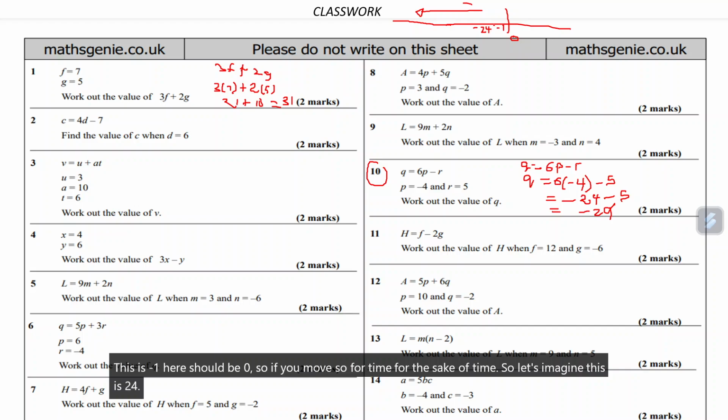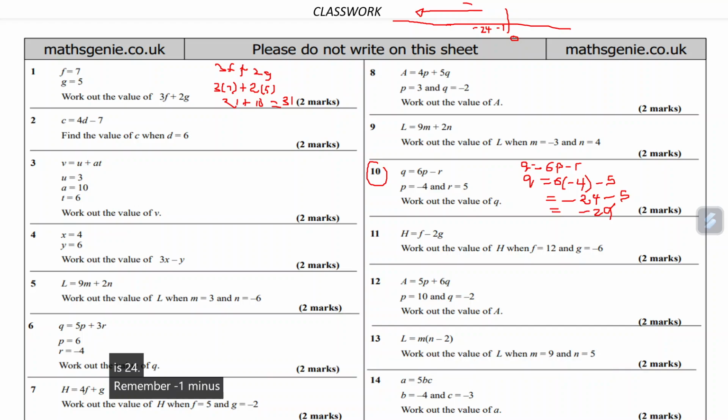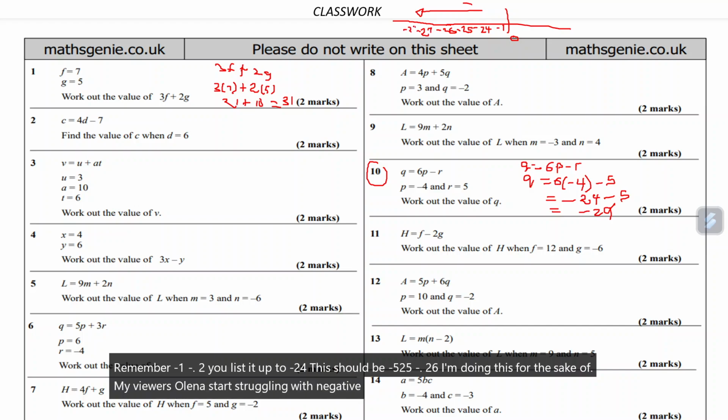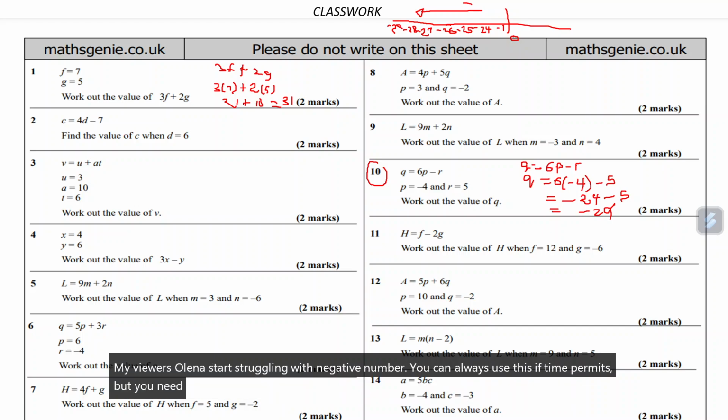Remember, minus 1, minus 2, you list it up to minus 24. This should be minus 25, minus 26. I'm doing this for the sake of my viewers or learners that are struggling with negative numbers. You can always use this if time permits, but you need to master this very well.